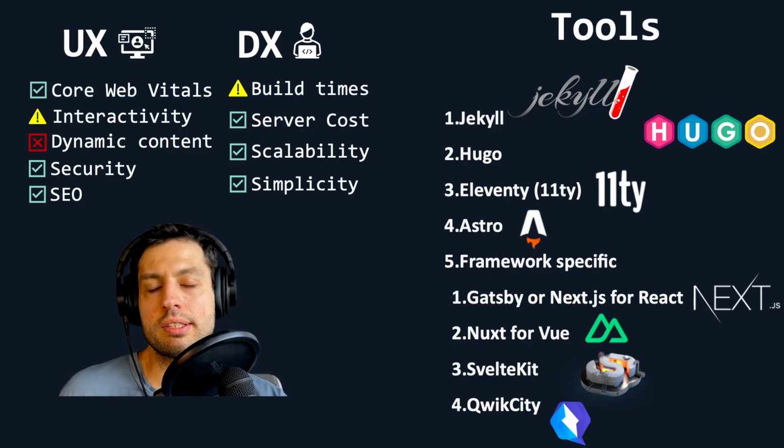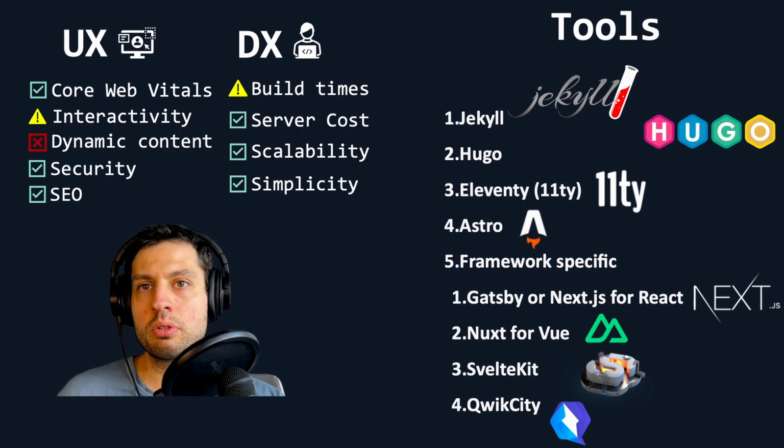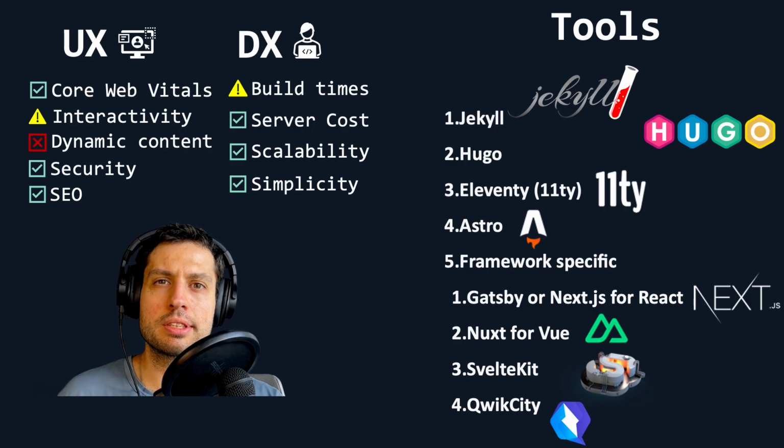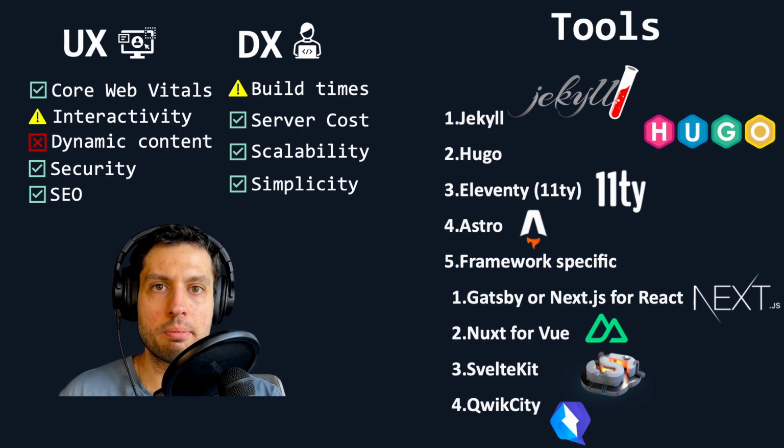What are the tools? You can go as simple as building the HTML by hand and embedding some interactivity if needed with a small amount of JavaScript, writing the whole CSS by hand, and so on. You could also use some general purpose static site generators like Jekyll, which is known for its simple integration with GitHub Pages.